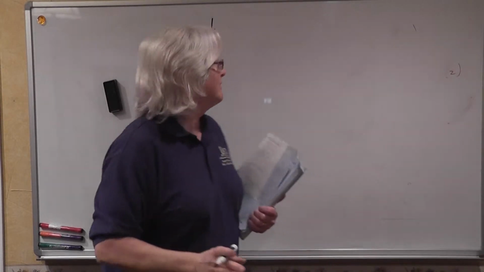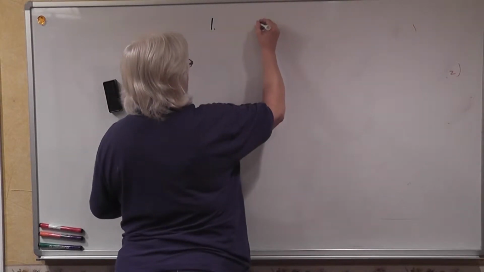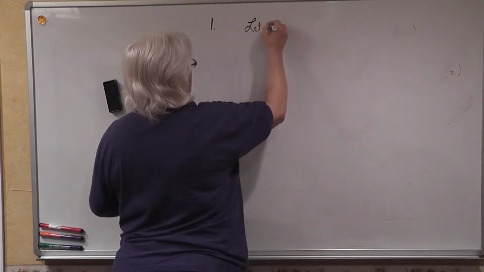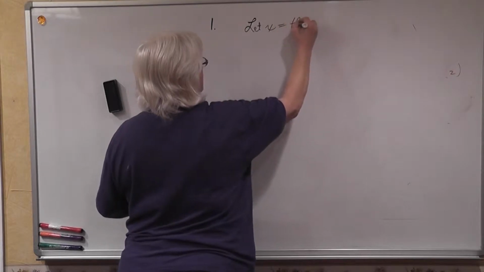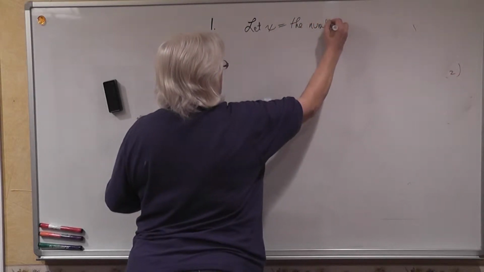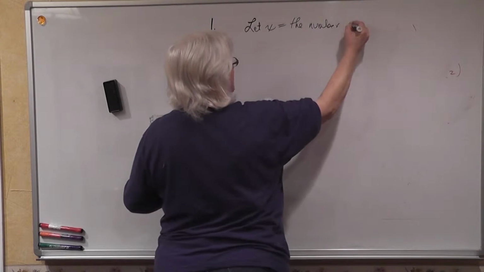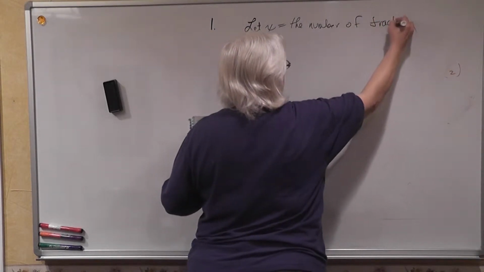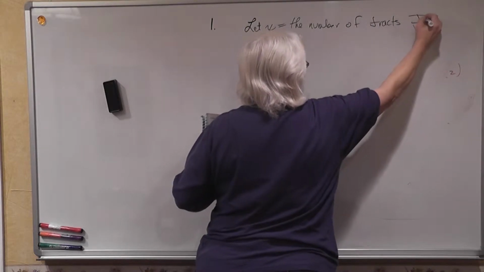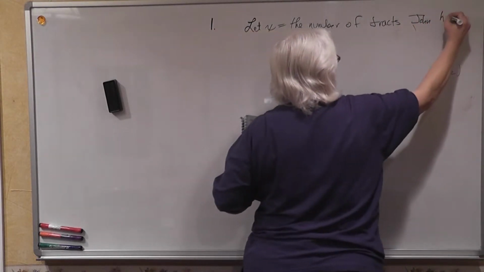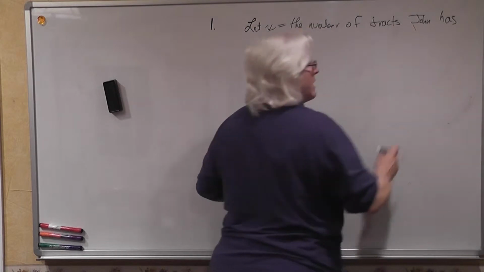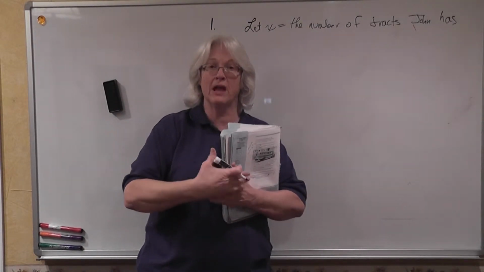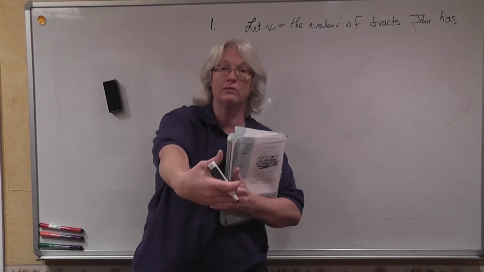So we're going to have the number of tracks, and here they use J, but I'm just going to say let X be the number of tracks John has. And we're saying we're having our variable by itself be the number John has because Larry has a greater number.